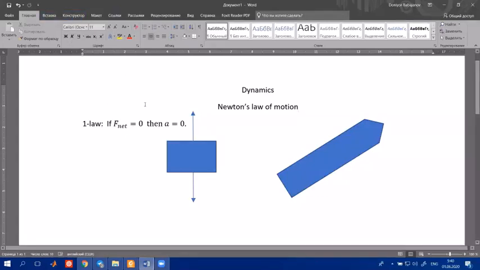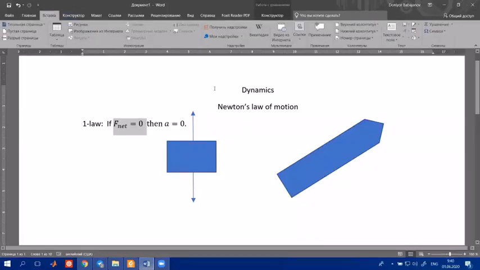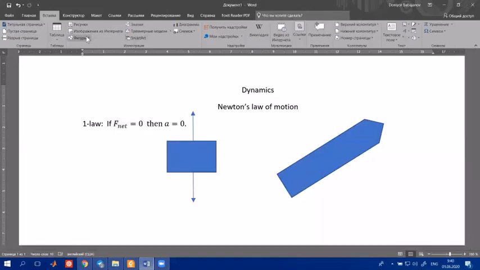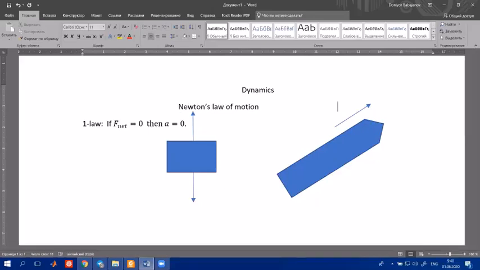This is due to Newton's first law. So the net force is zero, no forces acting on the rocket. Acceleration is zero, which means its velocity doesn't change during the motion. If it has some velocity v, then this velocity stays constant. This is another example of Newton's first law.